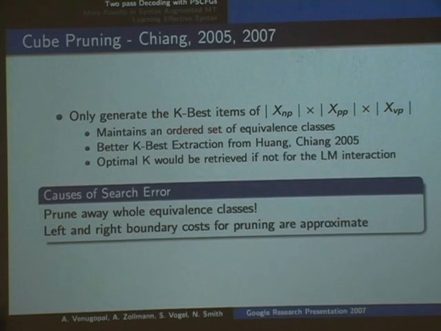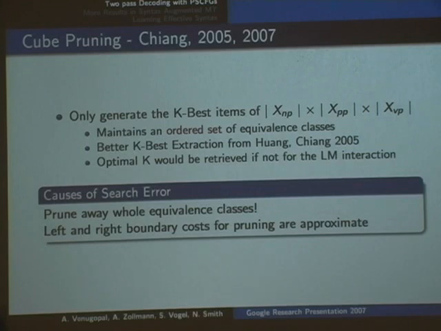Now, this is not an exact first k because we don't know how the language model interaction between alternatives causes the ranking not to be monotone, right? So this is just an approximate first k, but the hope here is that the best translations of the sentence are not going to require really poor translations going further down, right?